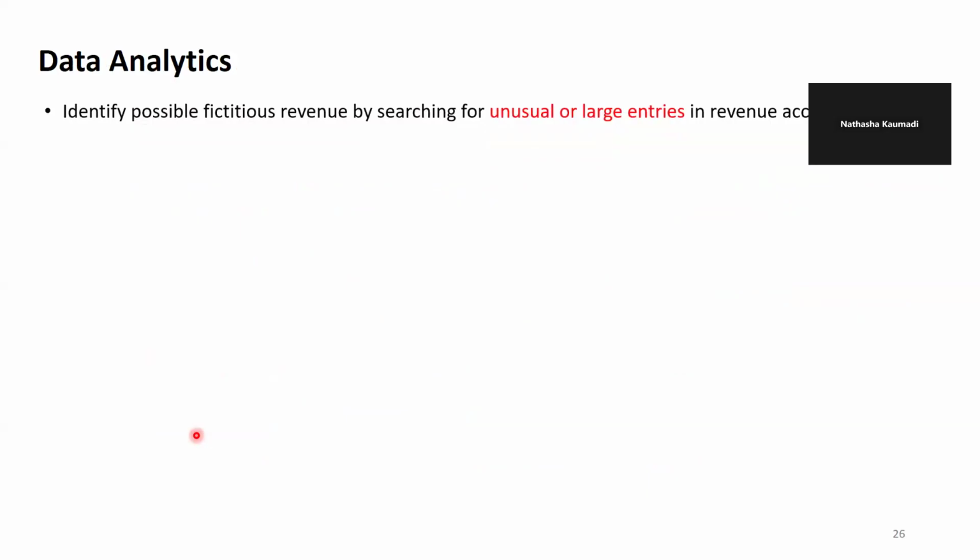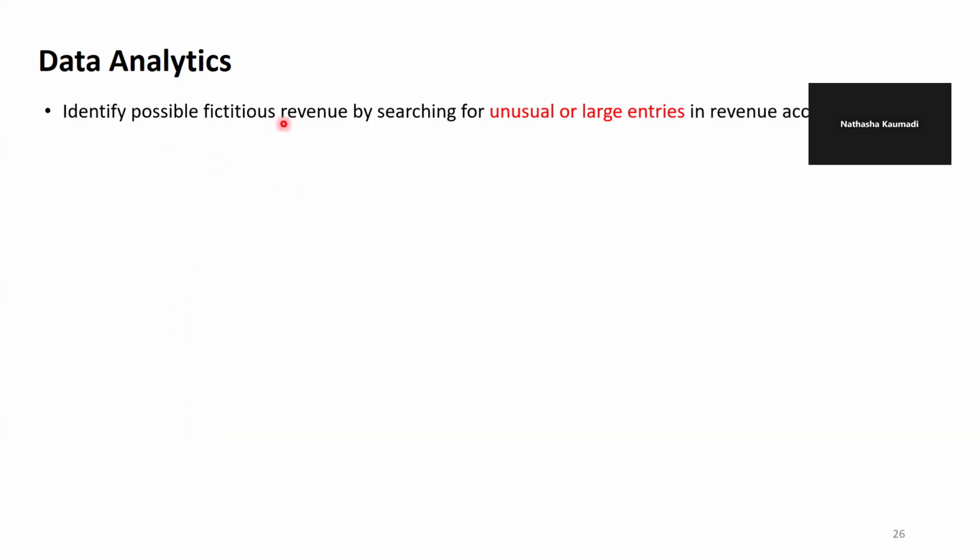And then, of course, data analytics. Now, we can't do audit without these computer assisted auditing techniques. There are so many data analytics techniques we can use for the purpose of doing the audit, especially when it comes to a large number of transactions. If you have so many transactions, we can definitely use data analytics, right?